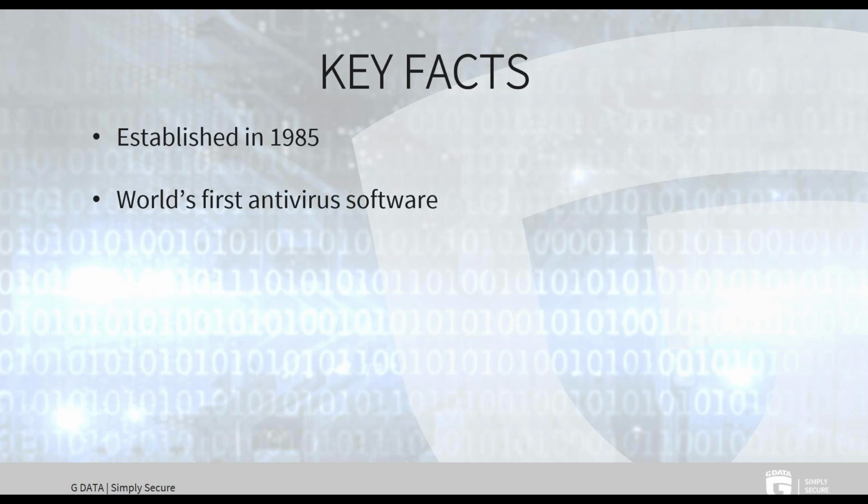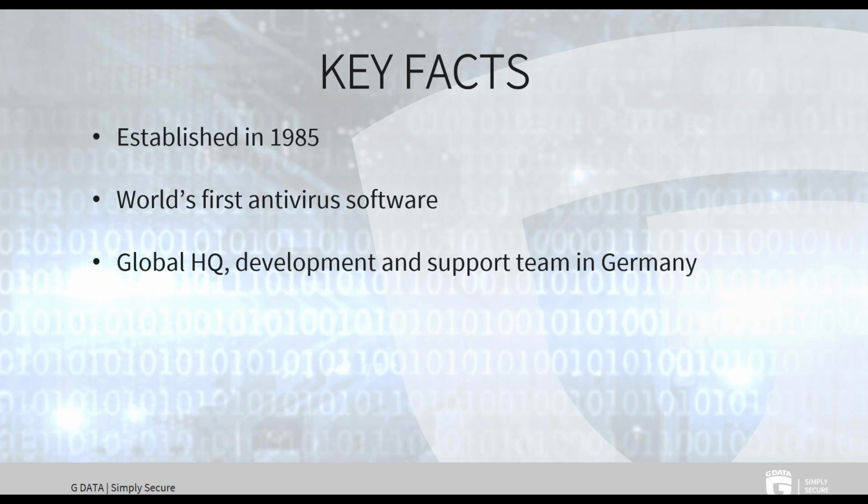We were the first antivirus software developer. Like if we say the world's first, we were the world's first. We created the first dedicated antivirus software worldwide. Also, we have our global headquarters, the development team and the support team located in Germany. Of course, we have other subsidiaries worldwide, but our headquarters is located in Germany.